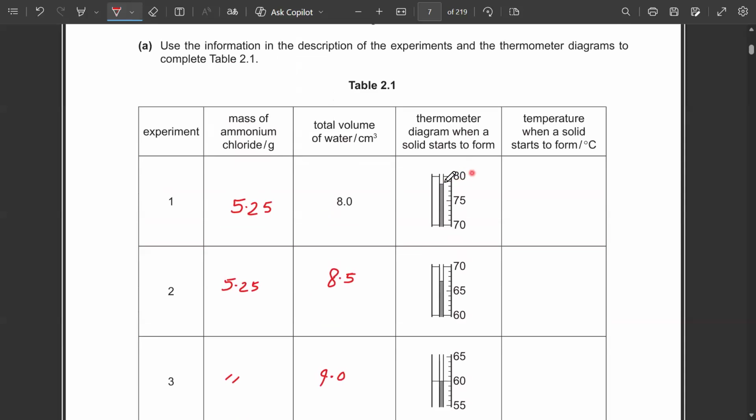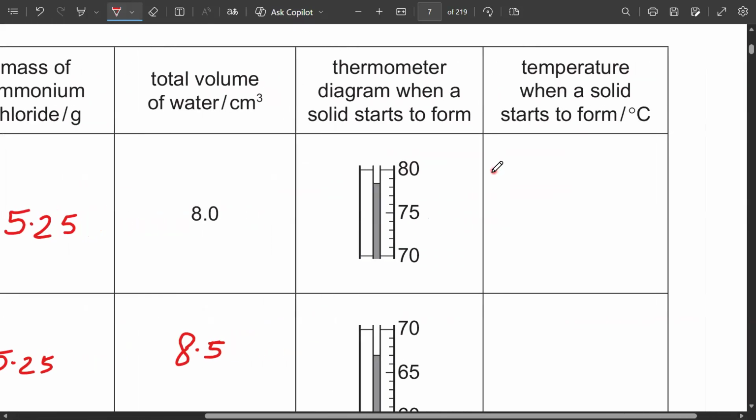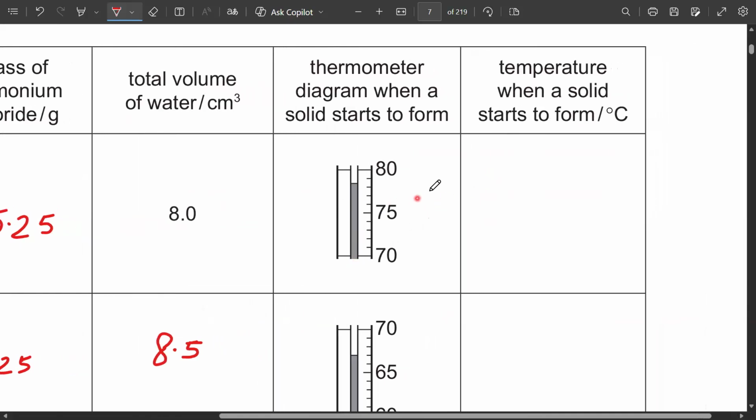Okay, now comes this part. You have to note the temperature from this test tube thermometer diagram when a solid starts to form. So this is the diagram and you have to tell the value. The thermometer is an everyday piece of equipment which you have been using in your homes as well for different purposes.